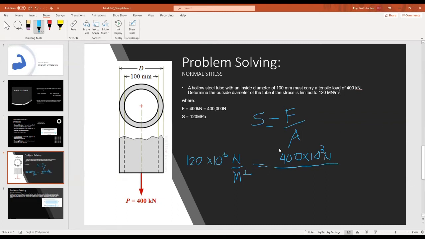So in terms of diameter, the area of the circle is equal to pi times diameter squared all over 4, minus the smaller circle, which let's say small d squared all over 4. So we can factor out the pi over 4 here.